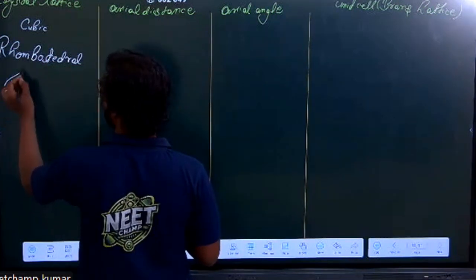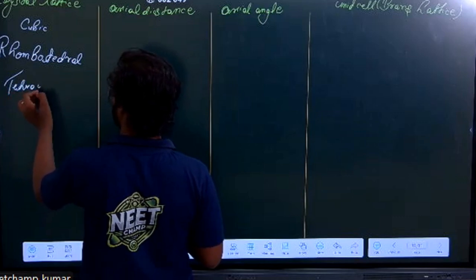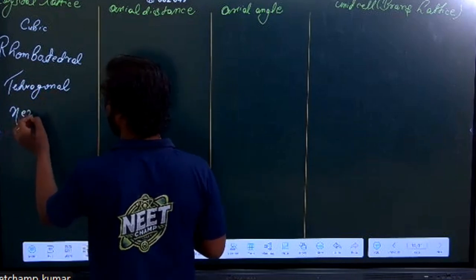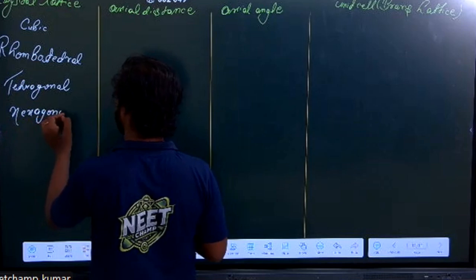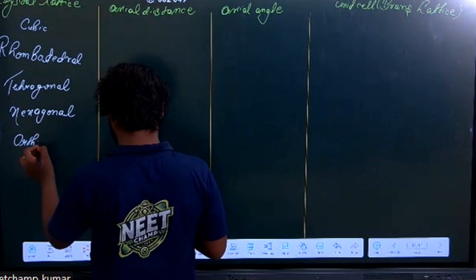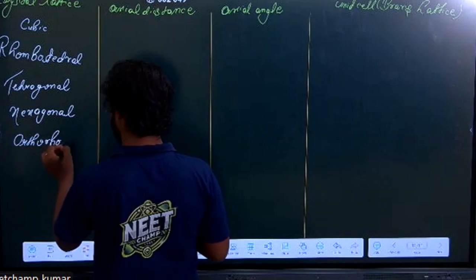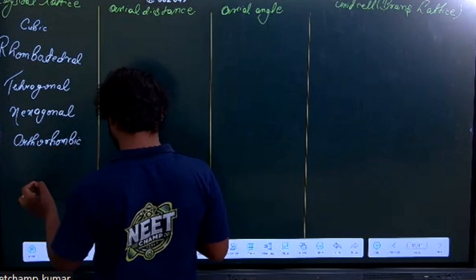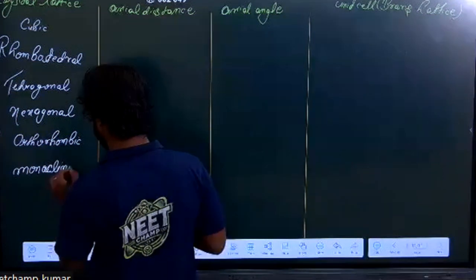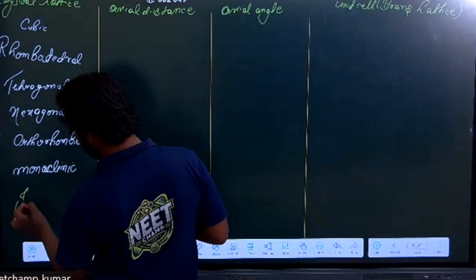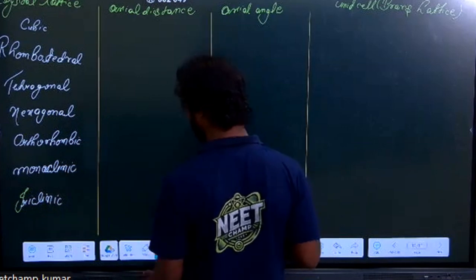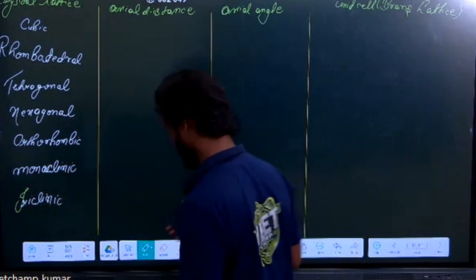Third is tetragonal. Then hexagonal. Then we have orthorhombic. Then monoclinic. Then triclinic. So these are the different types of structures we have got.